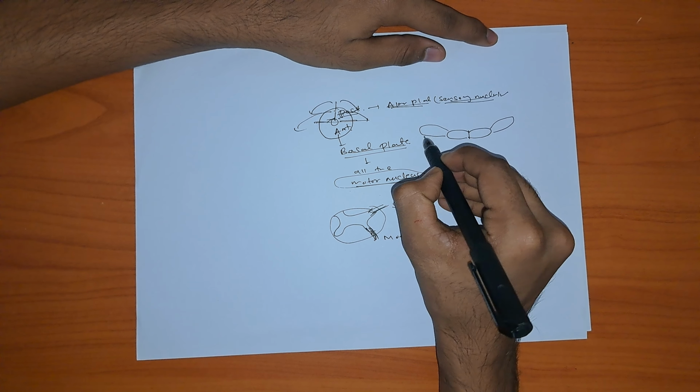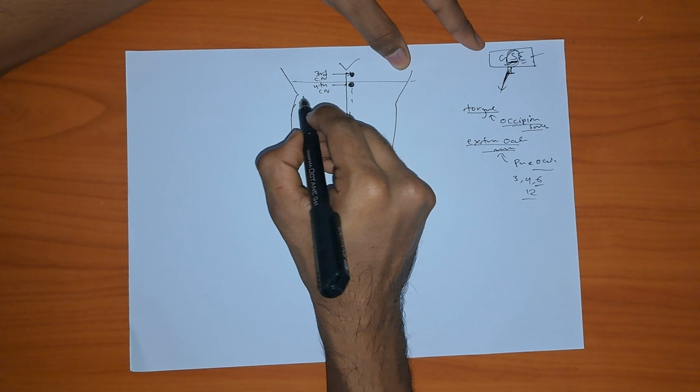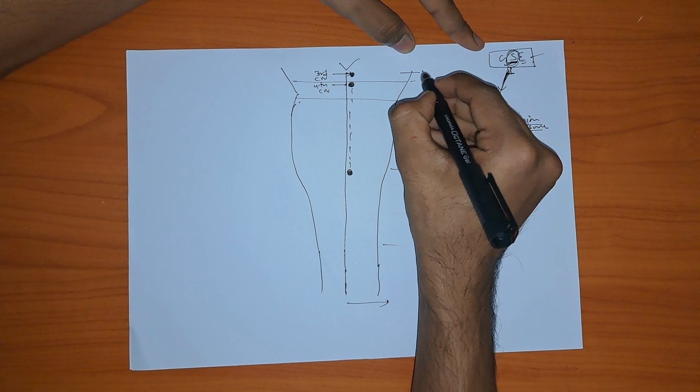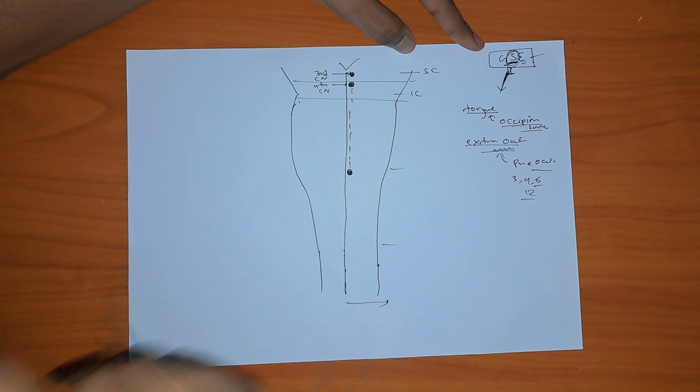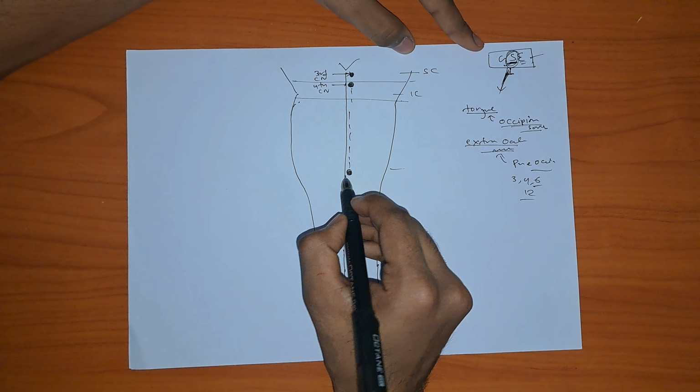It is situated in the lower portion of the pons. The third nerve nucleus is situated at the level of the superior colliculus, and the fourth at the level of the inferior colliculus. The sixth is at the lower pons level. The pons can also be divided into lower pons and upper pons, and this is the medulla. So this is all about that, and now we'll talk about the cranial nerve 12 nucleus, situated in the medulla.